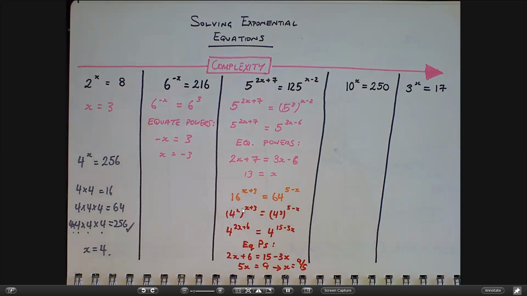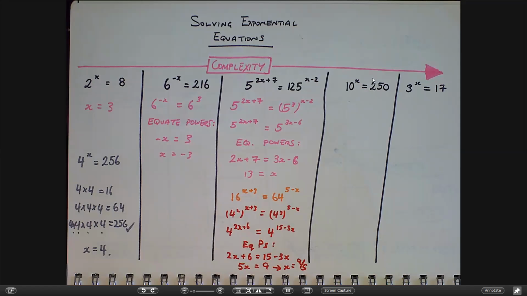Okay, so what are we doing here? We're getting everything to the same base before we begin, and then we're just equating powers using that trick. Okay, so that gets us as far as this far to the right, but then we come up against problems like this. A problem like this is unfortunately not going to be able to be solved by an approach like this on the left.